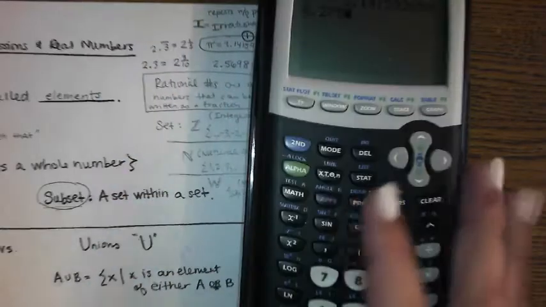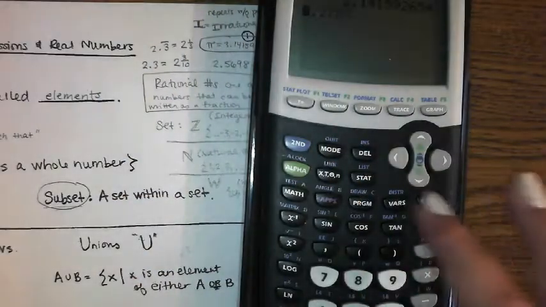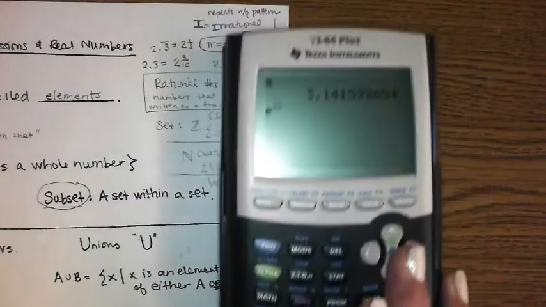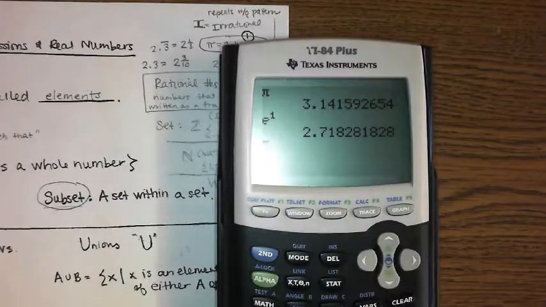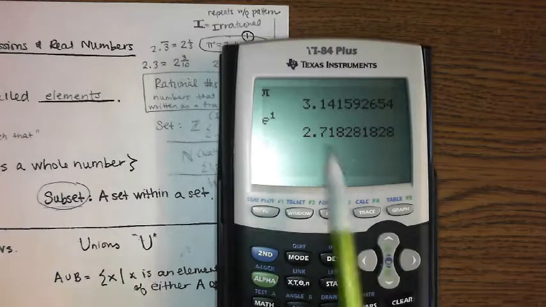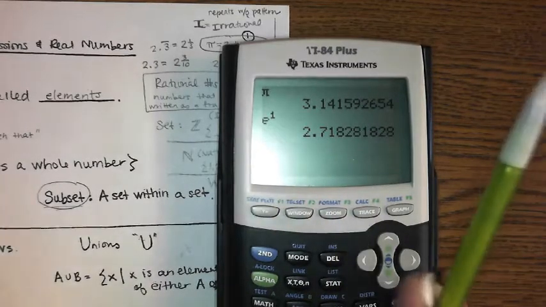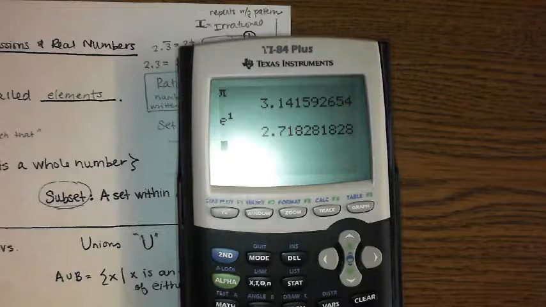You guys dealt with the number e last year. Correct? E to the first power. Well, that certainly looks like it has a pattern, but it doesn't. E is another irrational number. That's 2.7 and then you think 1828, 1828, 1828. I don't believe it does that forever. But that is an irrational number as well.